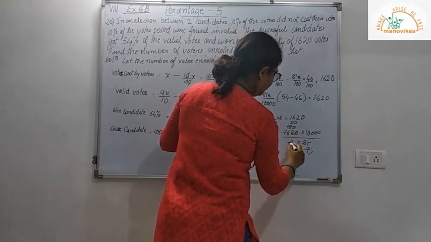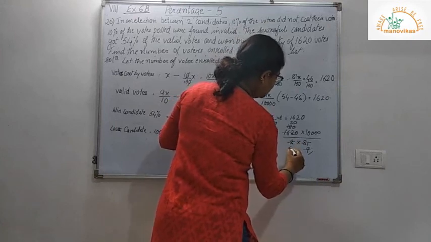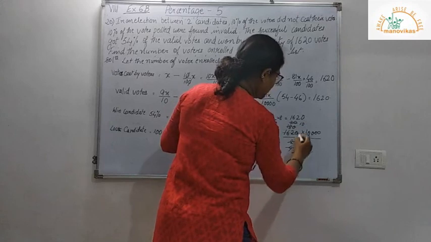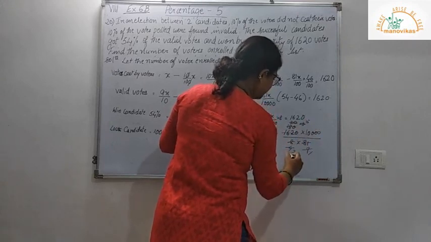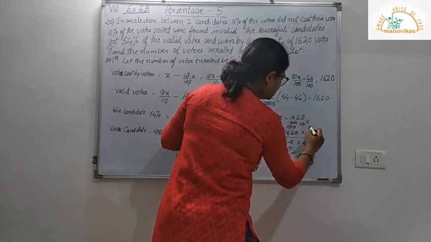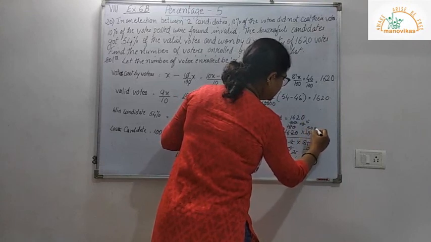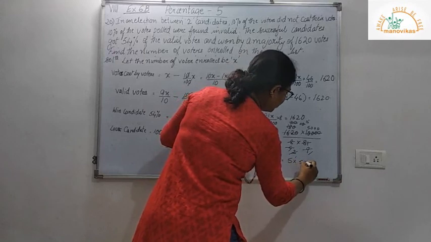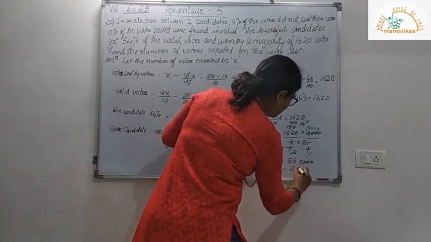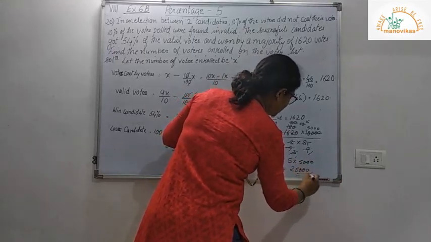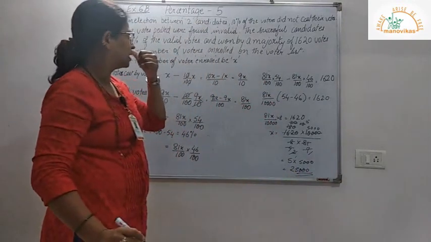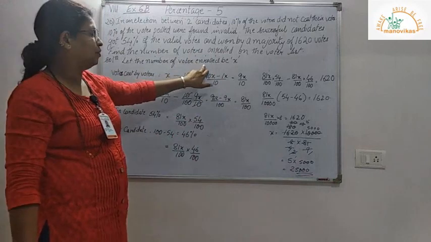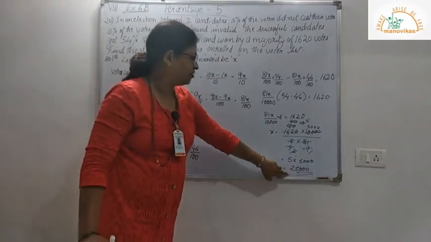I get here again 2 4s are, 2 10s are, and so on. So I get it as 5 into 5,000, which is equal to 25,000. So the total voters which were enrolled are 25,000.